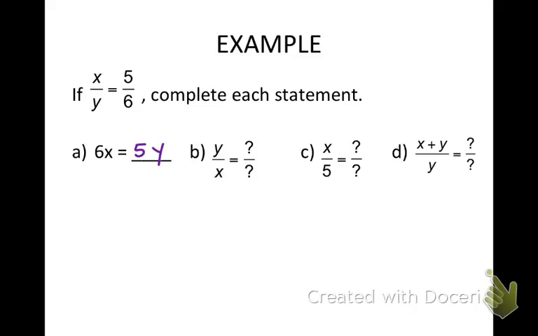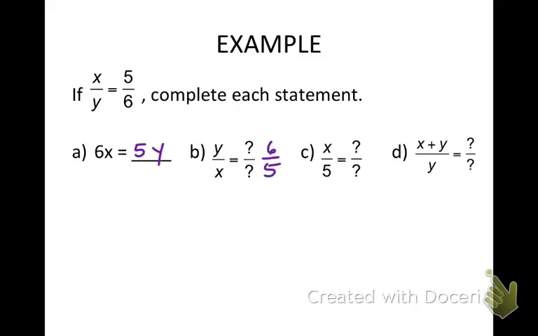So this one should then turn into 6 over 5. Did my cross products change? No, I still have a 6x, I still have a 5y. If I didn't remember to flip it and left it as 5 over 6, now did my cross products change? Yeah, so I know that that's wrong. So I should check my answers to make sure it is correct.